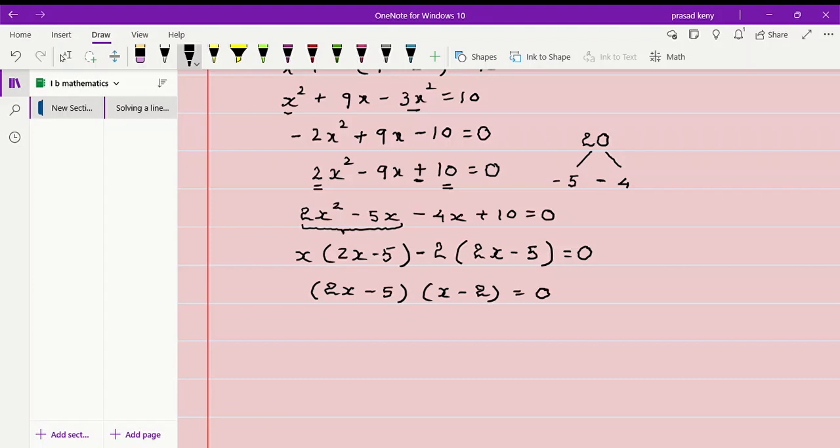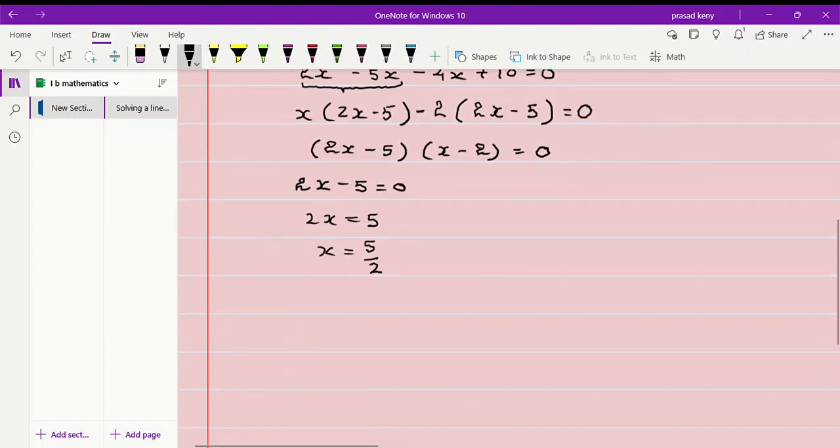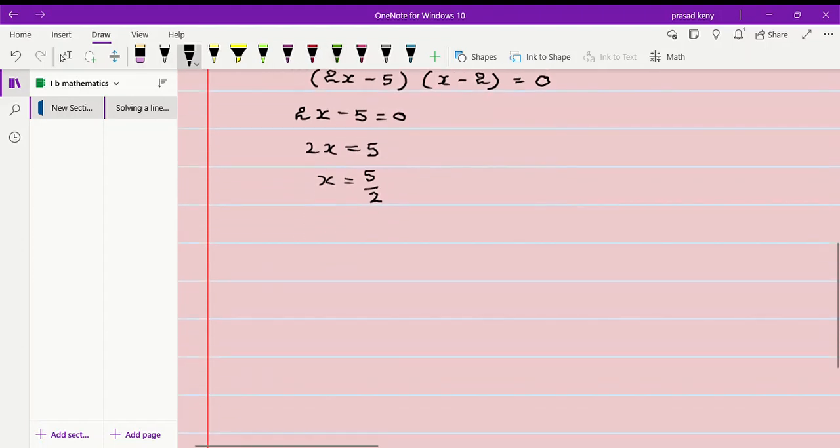Now equate each factor to 0. So you'll get 2x minus 5 equal to 0. So 2x is 5, or x is 5 upon 2. Now x is equal to 5 upon 2. Put it in y. Already we have expressed y in terms of x. Use that equation. So y is equal to 9 minus 3x.